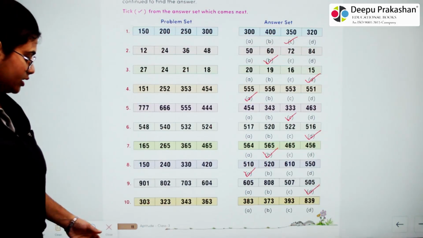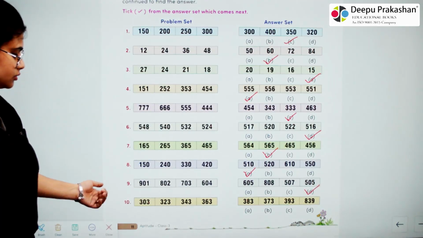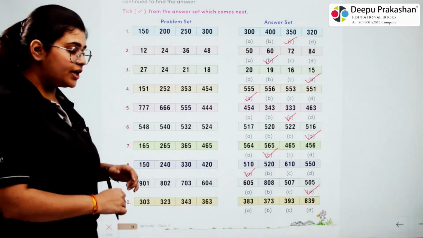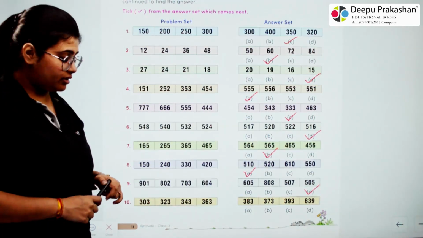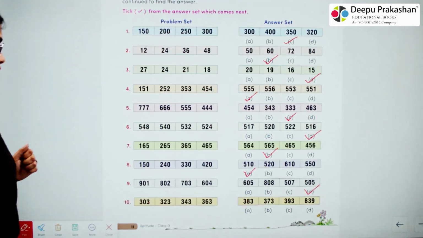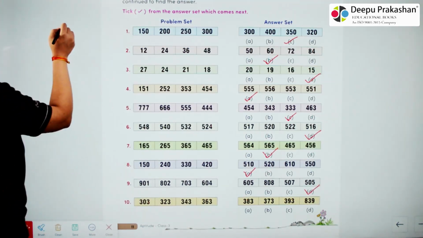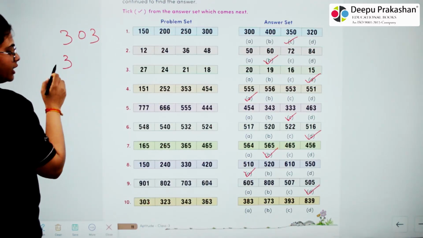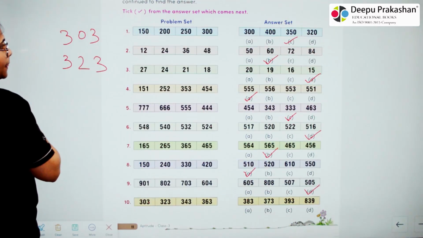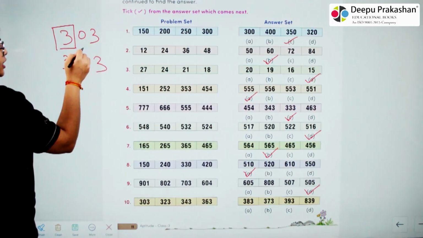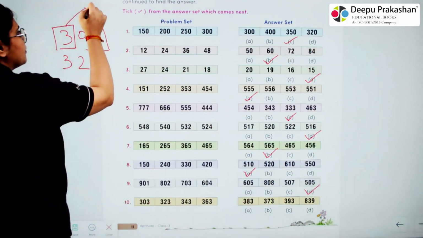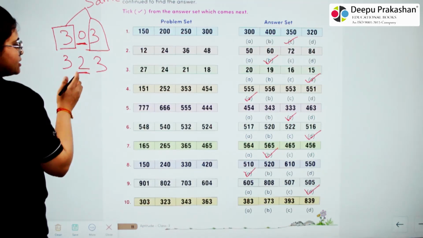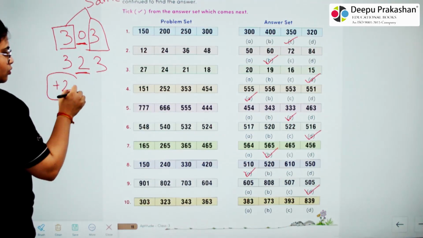Tenth, we are given 303, 323, 343, 363. Here if we look at the first number and second number, 303 and 323, the places of hundreds and ones are the same, but the place of tens is increasing by 2.